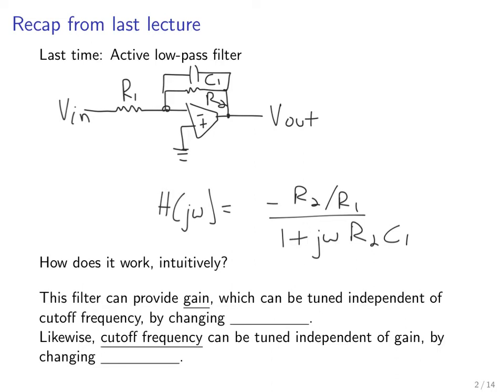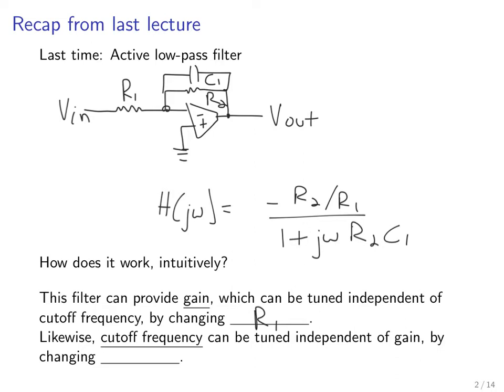Now, it's possible to use this filter to simultaneously provide gain and suppress certain frequency ranges, suppress high frequencies, and the gain can be tuned independently of the cutoff frequency by changing R1, the input resistance. You can see that from this equation, that R1 enters only here, whereas R2 and C1 both enter here where they multiply by omega, and thus their inverse is the cutoff frequency.